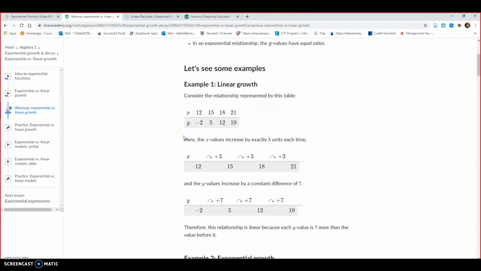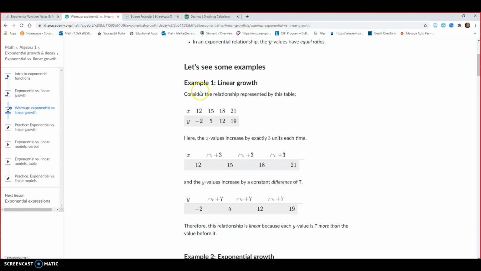So looking at example number 1, it says, this is what linear growth would look like. Consider this relationship represented by this table. Y is -2 when x is 12, it's 5 when x is 15, it's 12 when x is 18, and it's 19 when x is 21.